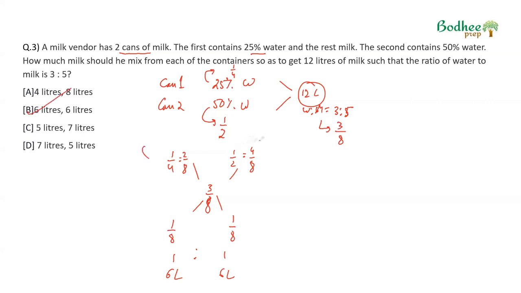As we can see, just one step of alligation. Hence, easy question. Even if alligation is something that we're not comfortable with, we can always say, let this be X liters. So this will be 12 minus X liters. And therefore, 25% of X is water plus 50% of 12 minus X is water in the mixture.